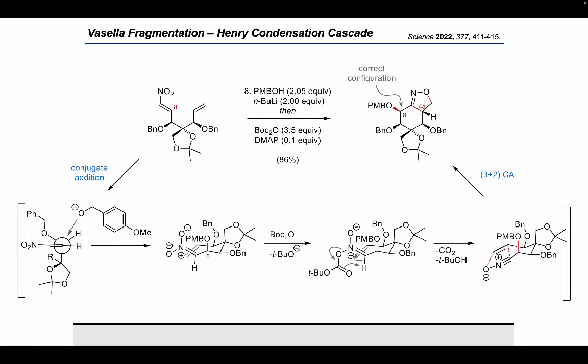As already discussed, the lithiated para-anisyl alcohol adds into the nitroalkene with complete diastereoselectivity. If we now exchange phenyl isocyanate with Boc anhydride and DMAP, we do not require workup and can directly intercept the nitronate anion, which leads to the formation of a nitrile oxide and facilitates the cycloaddition in excellent yield.